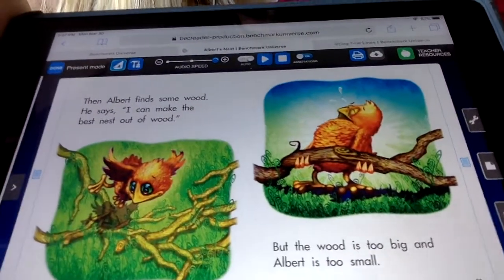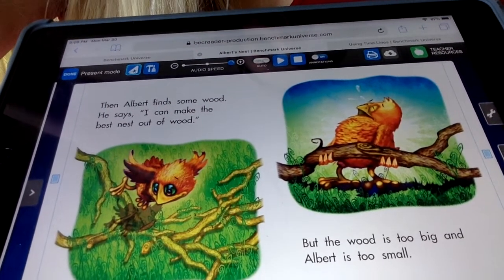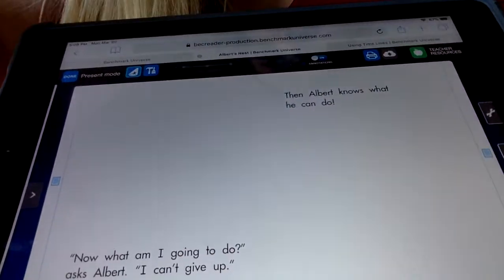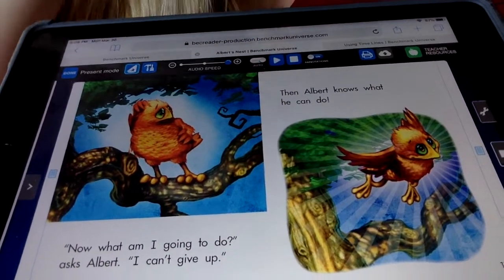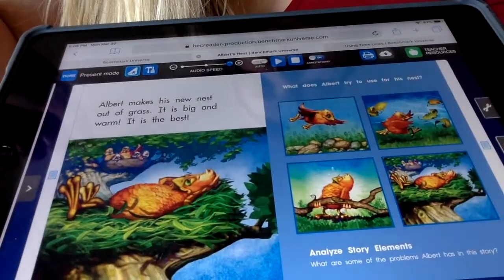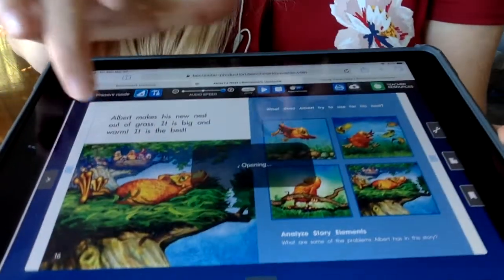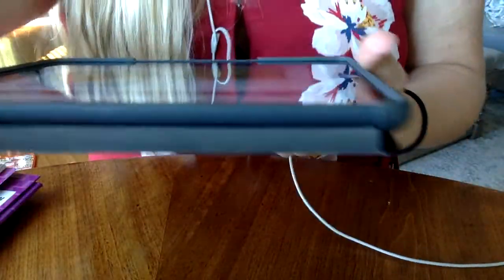What's Albert's idea now? How's this going to end? Do you have your predictions? I predict that in the beginning.